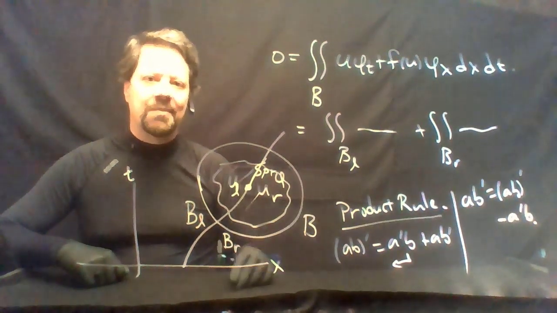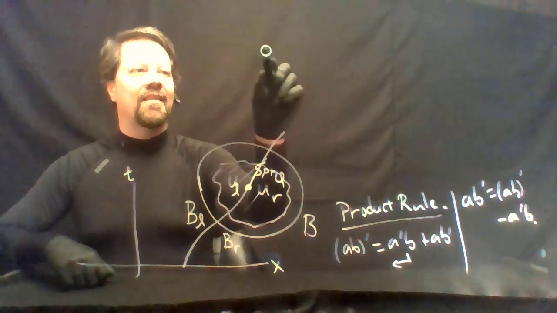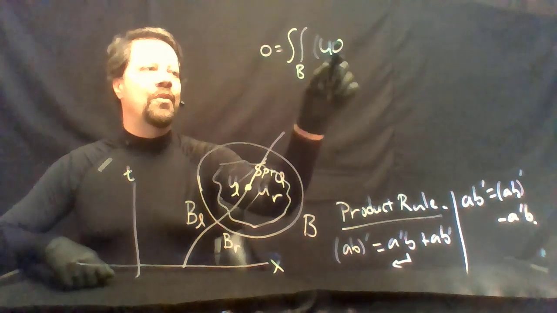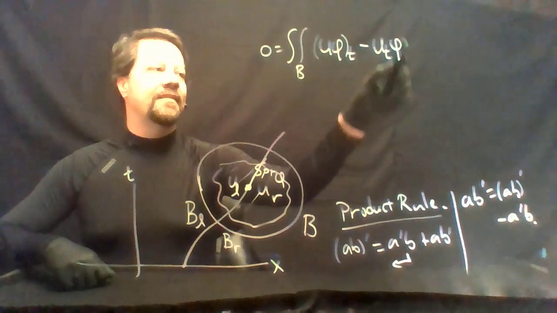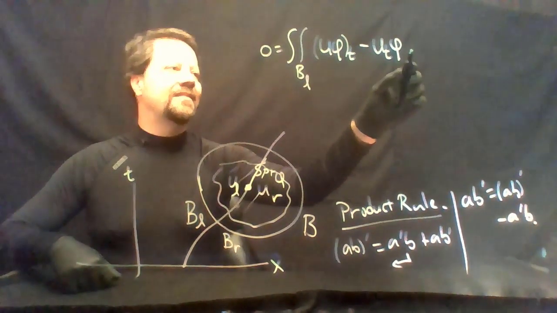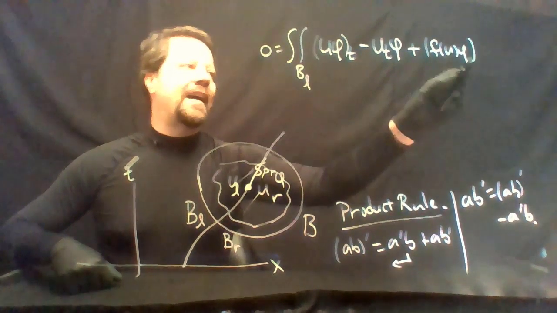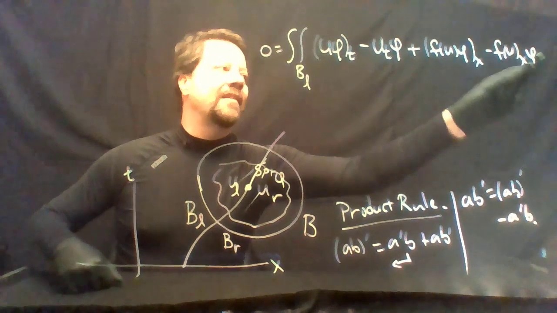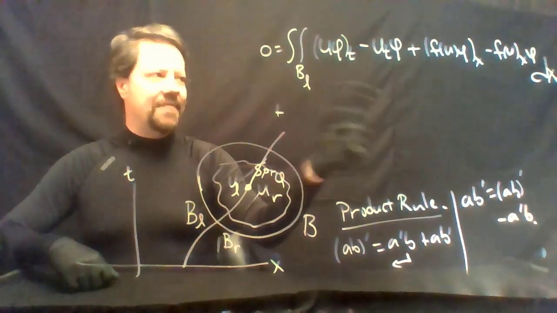We're going to apply this principle to both terms. On the ball on the left, we'll have (u phi)_t minus u_t phi, and (f of u phi)_x minus f of u_x phi, dx dt. We'll have the same thing on the right.